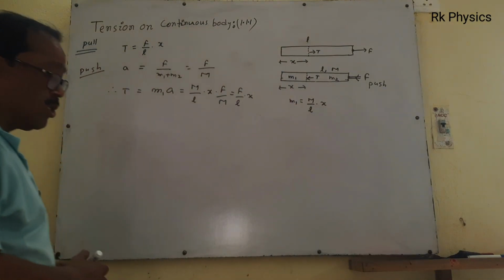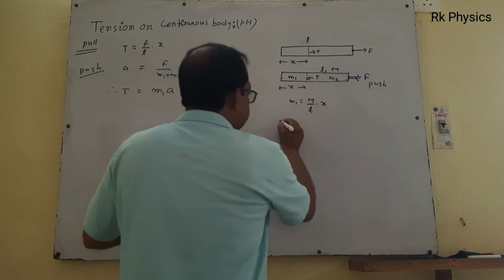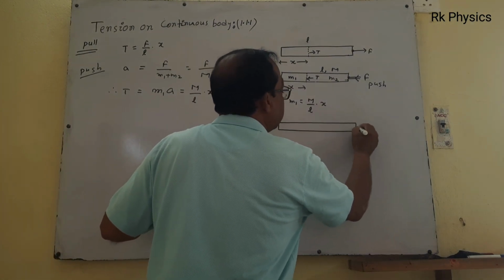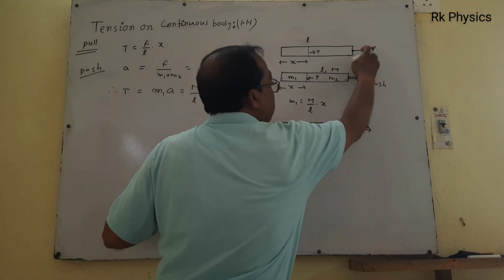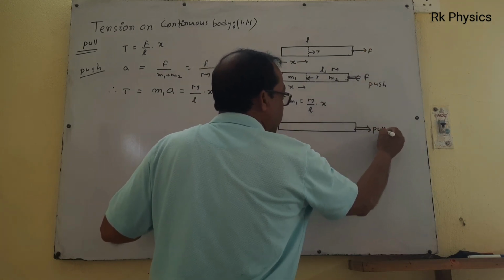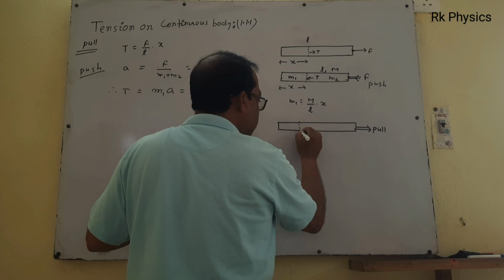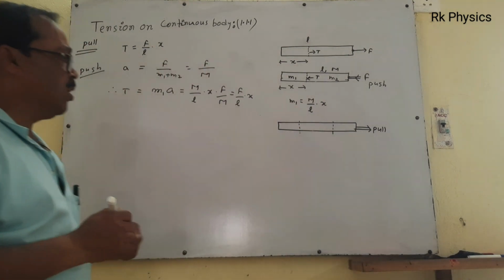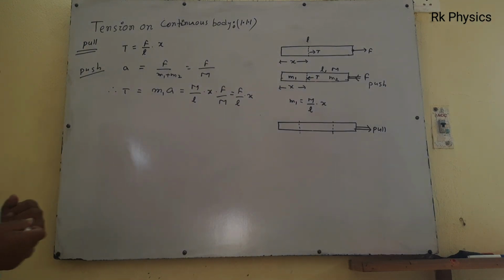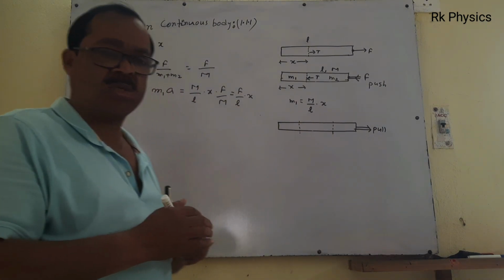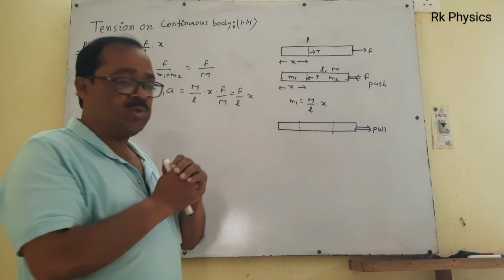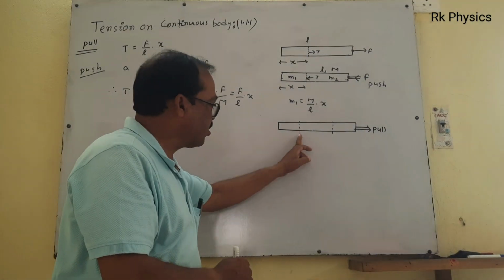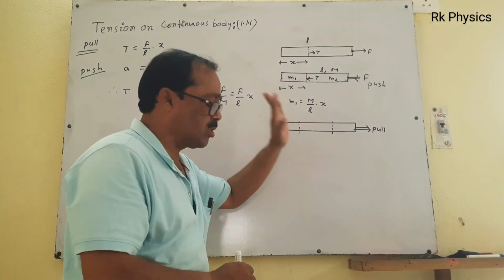Again, I am coming to the same pull. First you come to pull. Just imagine this is one section, this is another section. You imagine that a rod consists of, suppose, 3 sections. Now our duty is to find out the tensions at the individual sections.